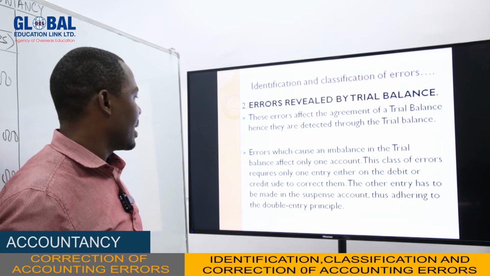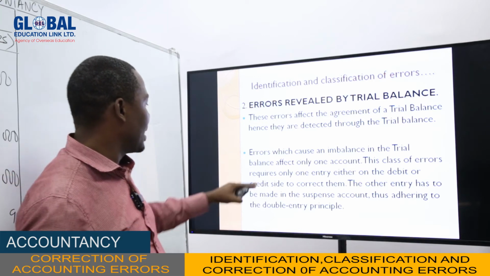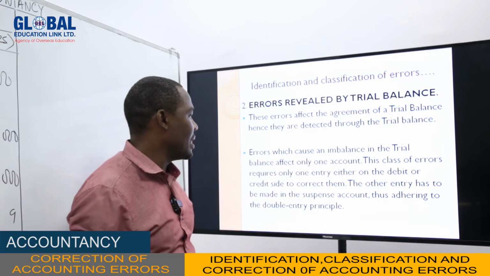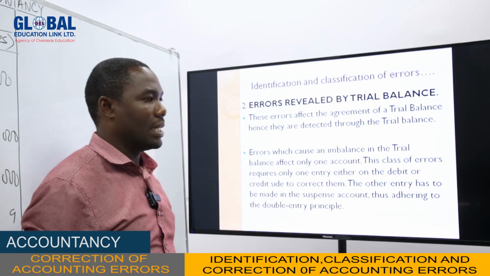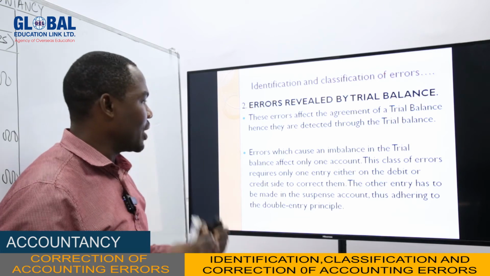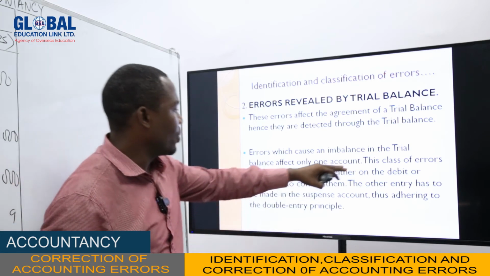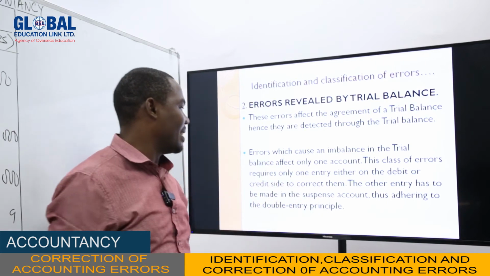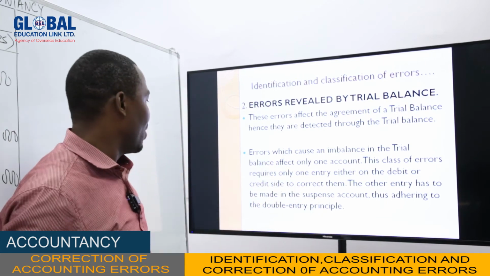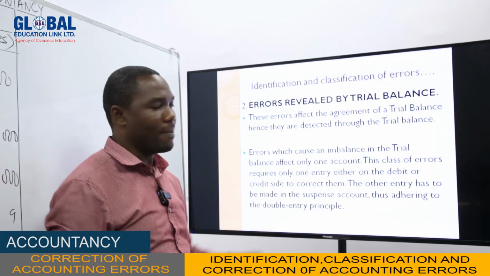What causes imbalances in the trial balance? We say that errors which cause imbalances in the trial balance affect only one account. So this class of errors requires only one entry, either on the debit or credit side, to correct them.